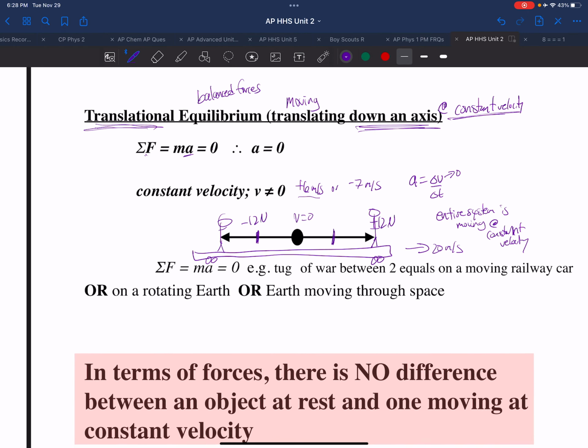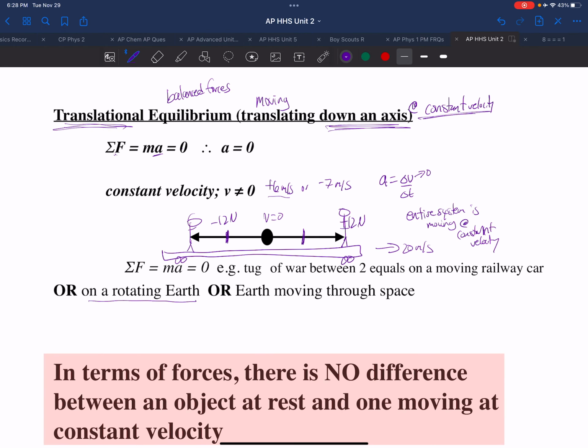Another example might be that it's rotating on the Earth. We tend to think of ourselves as being stationary, but in reality, we are situated on the Earth and we are rotating at over 1,000 miles per hour. That's about 1,400 kilometers per hour. So we're moving at an incredibly fast clip. We're not even aware of it. We're in translational equilibrium.